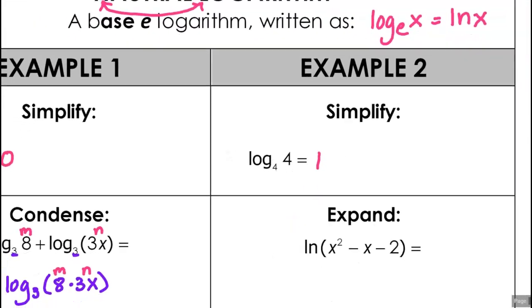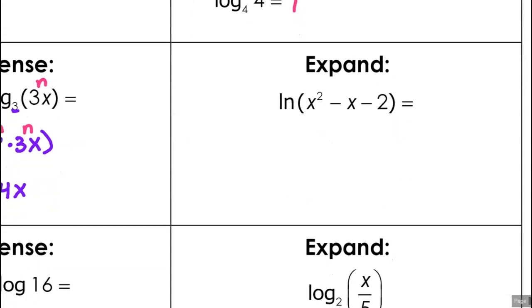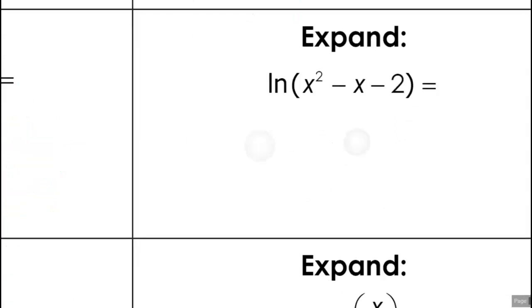So let's go ahead and expand the ln of x squared minus x minus 2. Now it's not immediately apparent what the two terms being multiplied are.